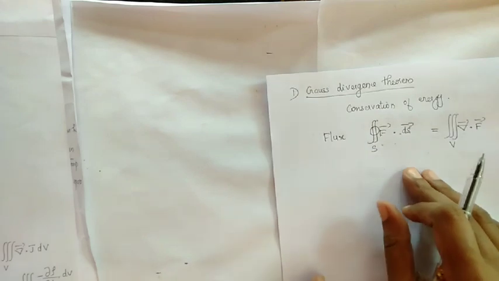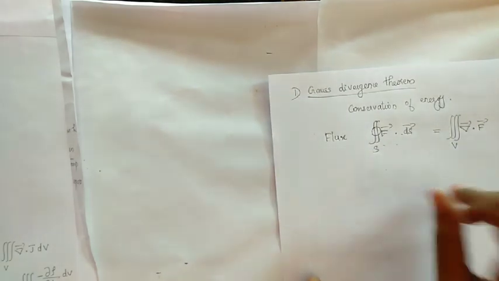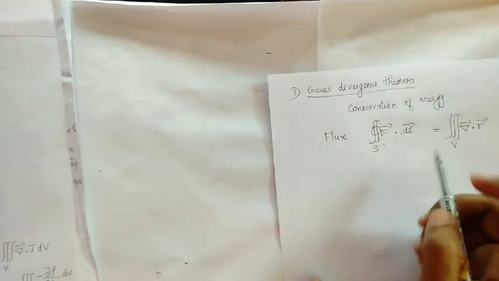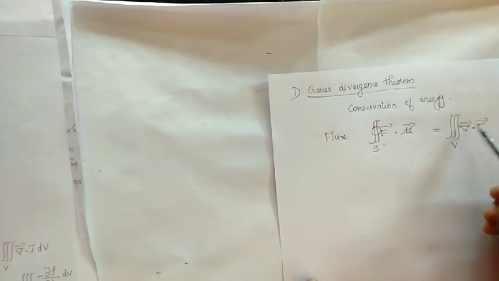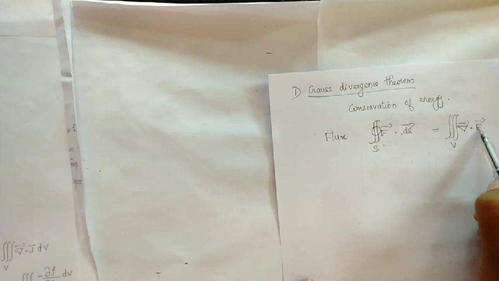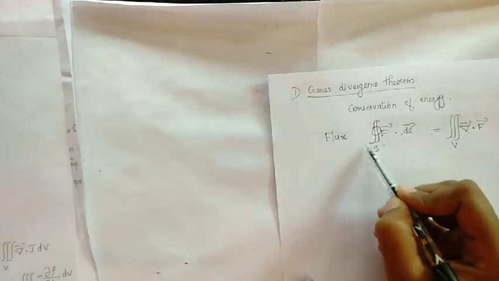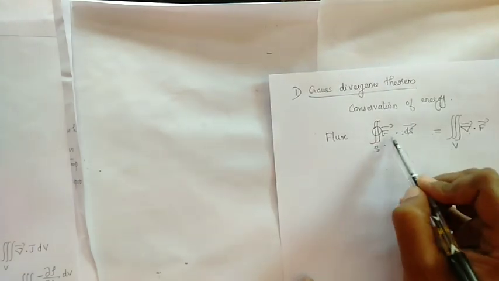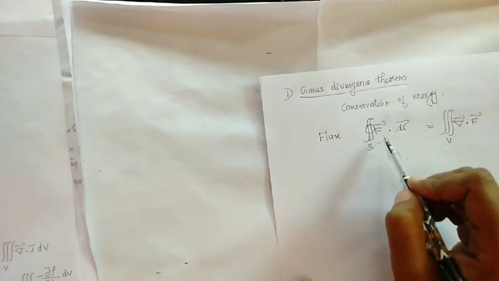According to the Gauss divergence theorem, the volume integral of the divergence of a vector field is equal to the surface integral of the vector field over the closed surface.